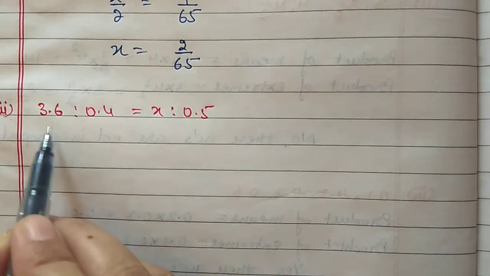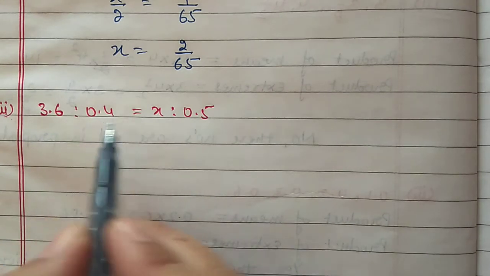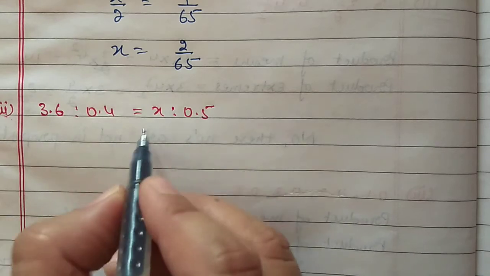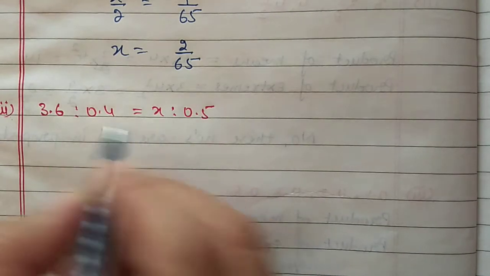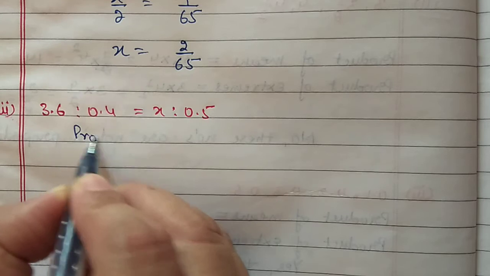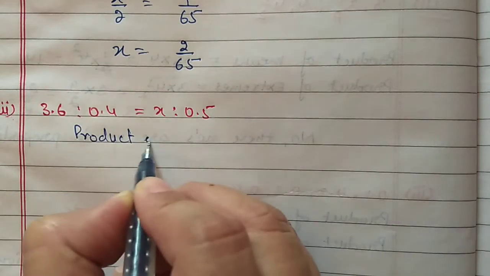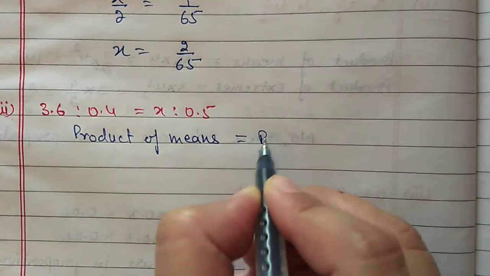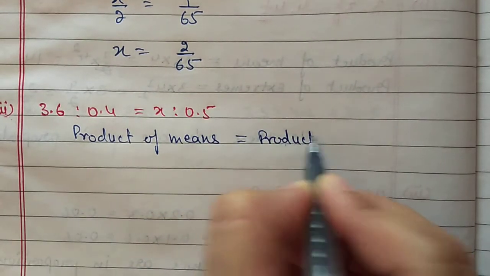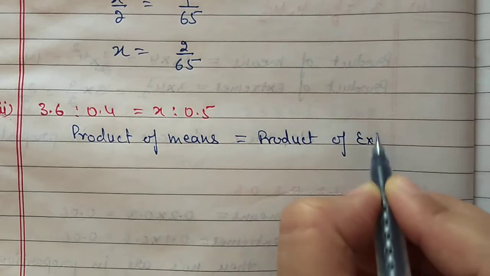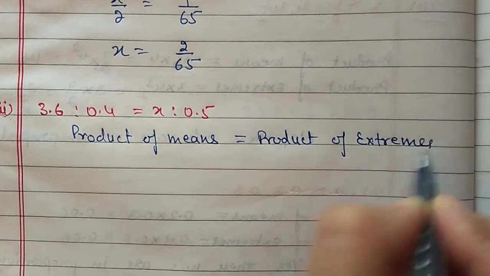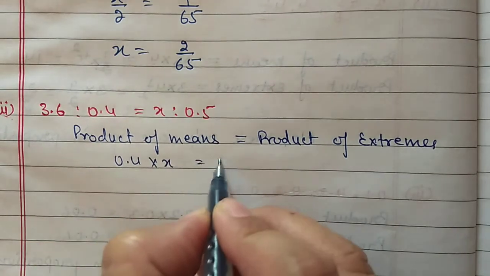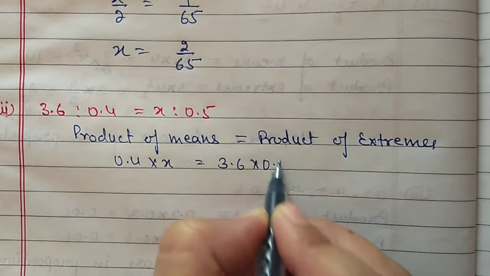Third part, 3.6 ratio 0.4 equal to x ratio 0.5. So x is here at the mean position. We will write product of means is equal to product of extremes. It means 0.4 into x is equal to 3.6 into 0.5.